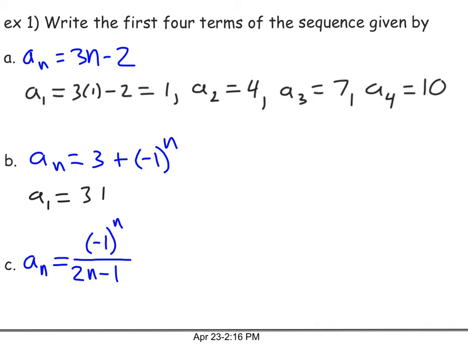If I want to find the first term of this sequence, I'm putting in 1 for n. That comes out to be 2. If I want to find the second term of this sequence, I put in 2 for n.